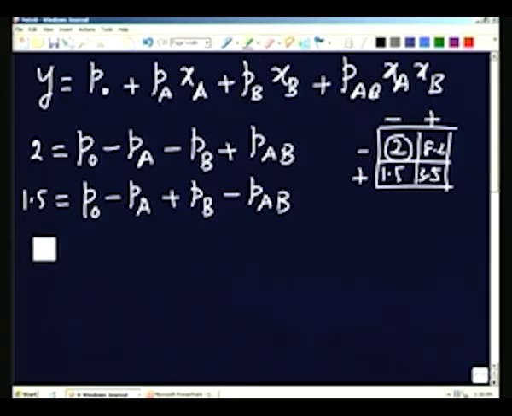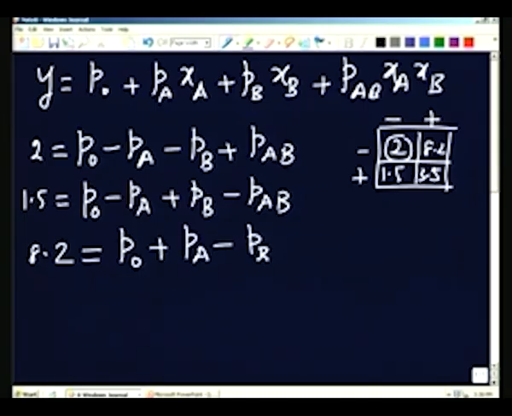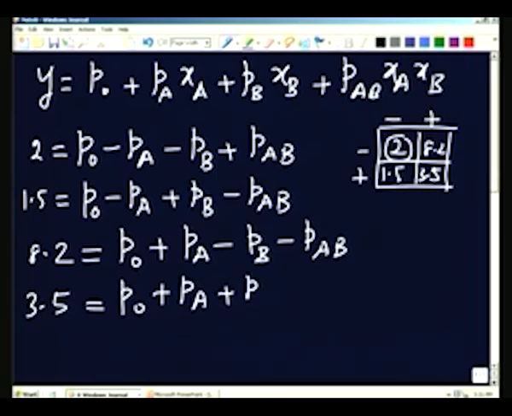So, I want to write it a little bigger, so that you can easily see what is happening. 8.2 equal to P naught, that corresponds to this where the X A is plus 1, X B is minus 1, therefore, this becomes plus P A minus P B, again minus P A B. So, lastly 3.5 equal to P naught, both are high. So, plus P A plus P B plus P A B.